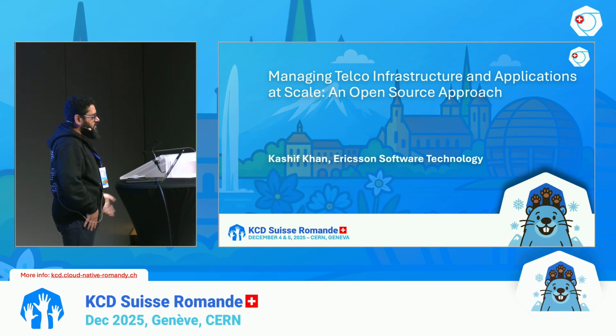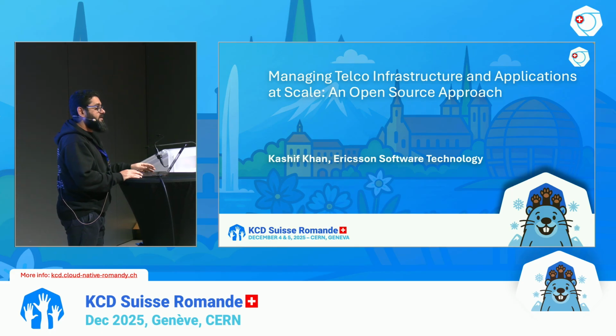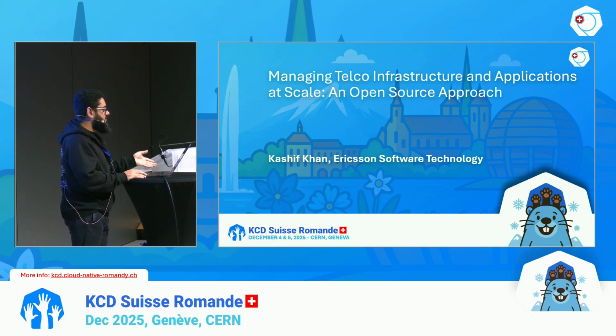So this talk is about applying cloud-native operational model to the infrastructure layer in the telco environments. And telco workloads, as you may know, have unique requirements: ultra low latency, deterministic networking, strict SLAs, and also extreme scale because there are distributed sites.